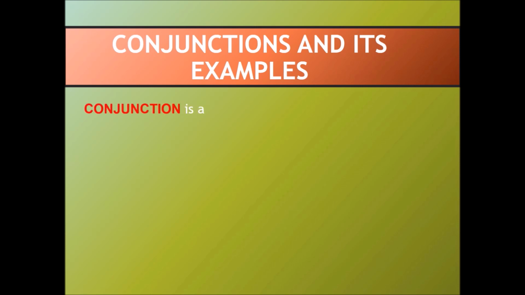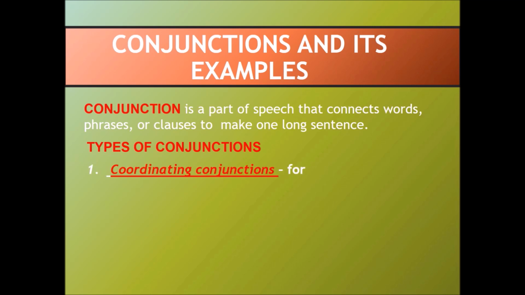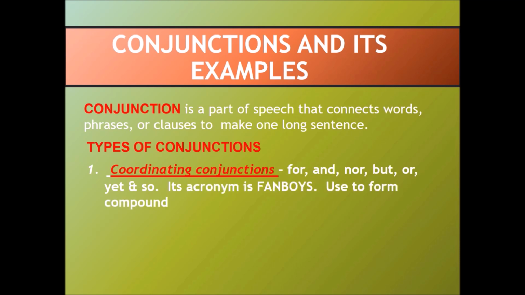Conjunction is a part of speech that connects words, phrases, or clauses to make one long sentence. Types of conjunctions. The first one is the coordinating conjunction. Examples: for, and, nor, but, or, yet, and so. Its acronym is FANBOYS. They are used to form compound sentences.